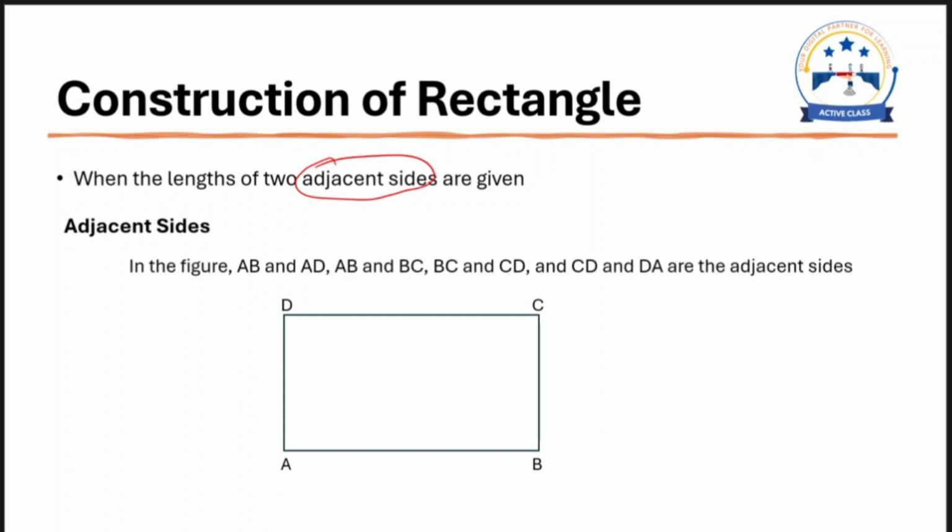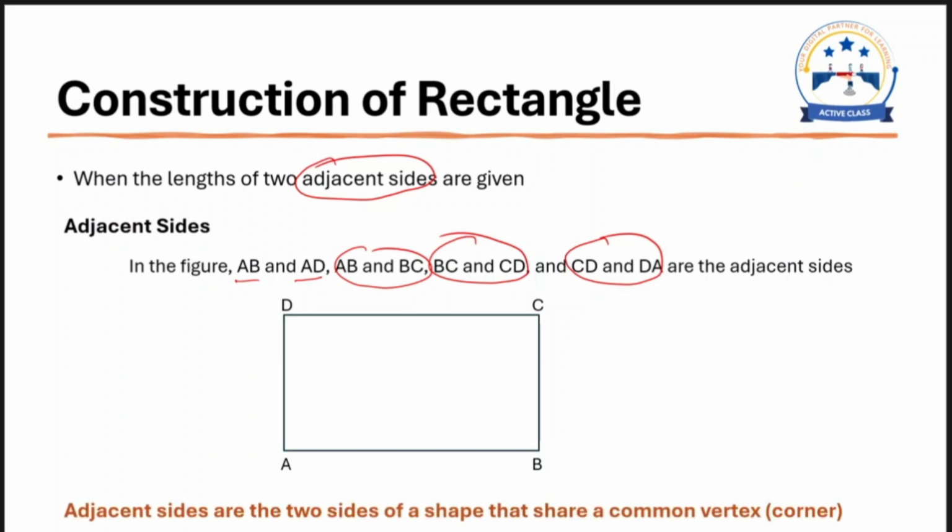In this figure, the sides AB and AD, AB and BC, BC and CD, CD and DA, they are adjacent sides. If so, can you guess what is the definition of adjacent sides? Yes, adjacent sides are two sides of a shape that share a common vertex or corner.